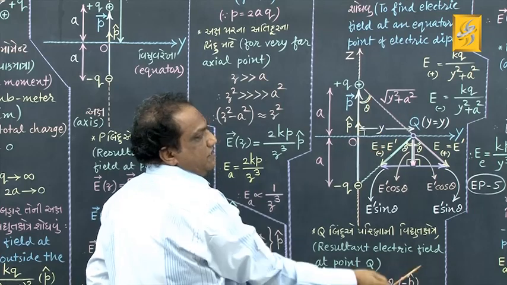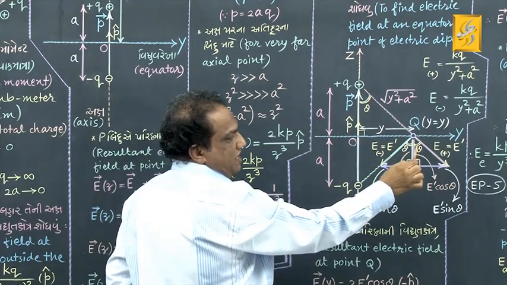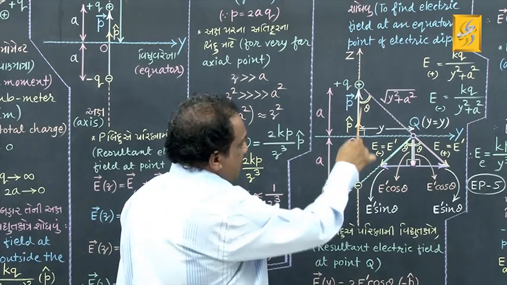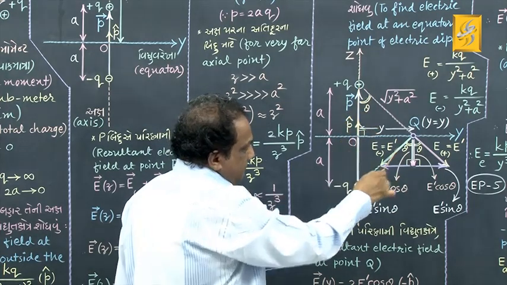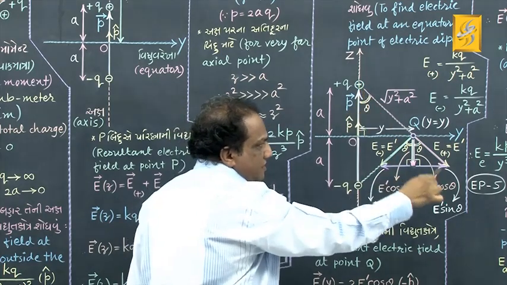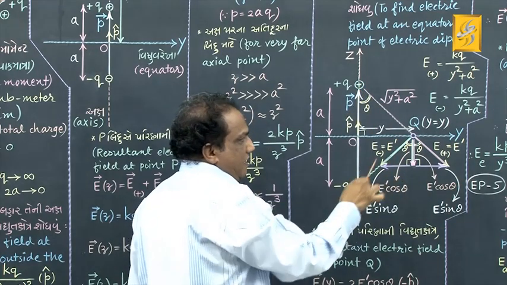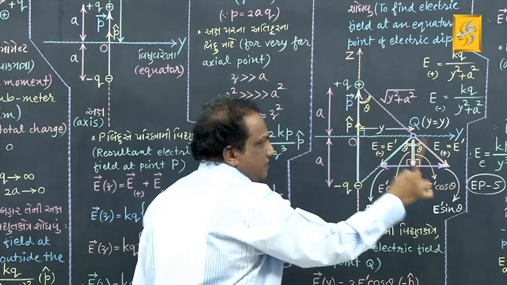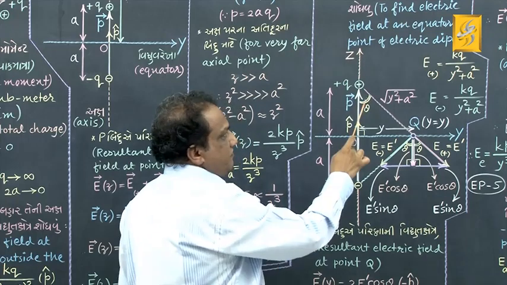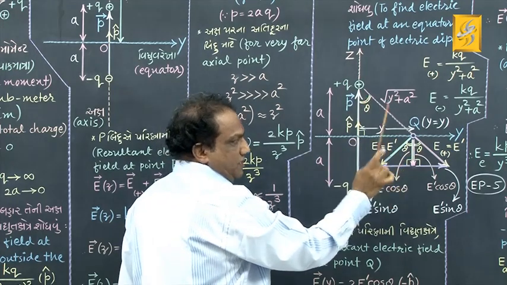If this angle is theta, this also is theta. Corresponding angles: if these two are vertical lines, both of them are parallel, and this is a transversal, then these two angles will be corresponding angles, and they have to be equal. So if this is theta, this also is theta.